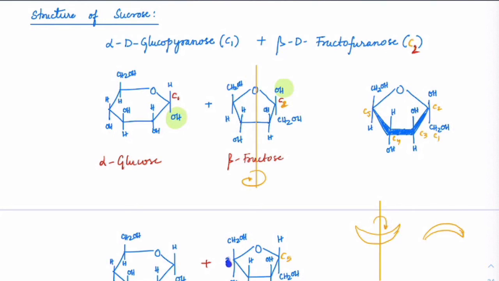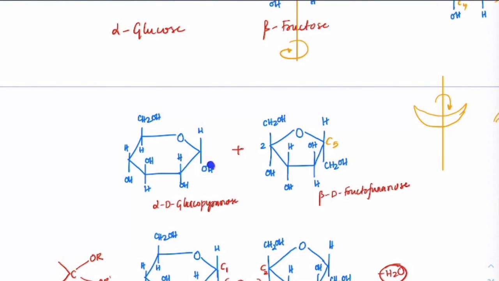Once it has come there, this OH and this OH, or rather OH and H, will get connected, and we can have this linkage now. So all you need to do is remove water from glucose and fructose. When you do that, you'll get a linkage here.